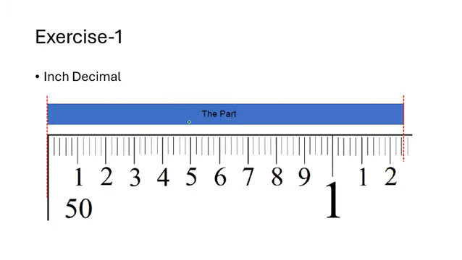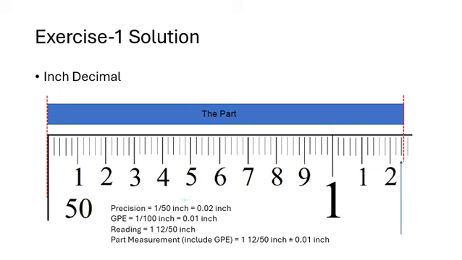Okay, so this is the exercise I want you to do in the classroom. Of course, we're trying to measure that part, and your reading is going to be, let's say, 12 divided by 50, because your scale is 50 inch.